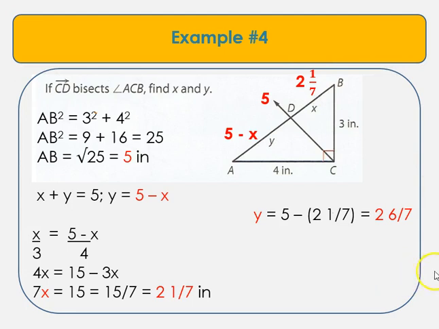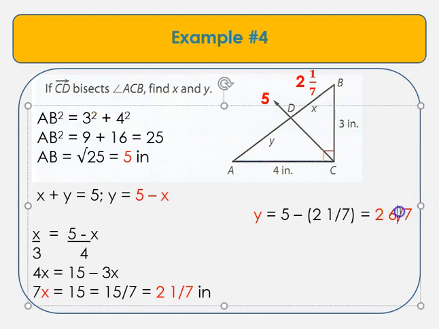And now we can go ahead and finish solving for y, because we left it not complete. And we can substitute the x into here, which is 2 1/7, and we now have 5 minus 2 1/7, which is 2 6/7. So now y becomes 2 6/7.